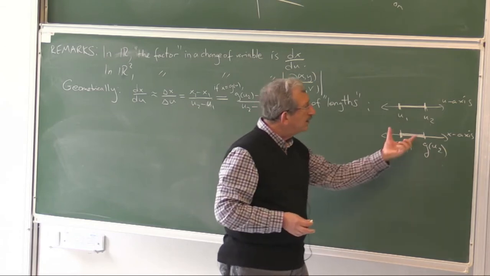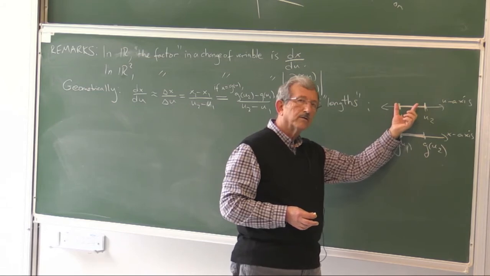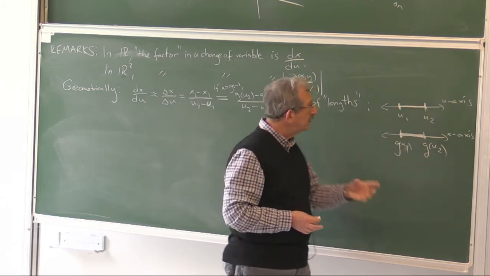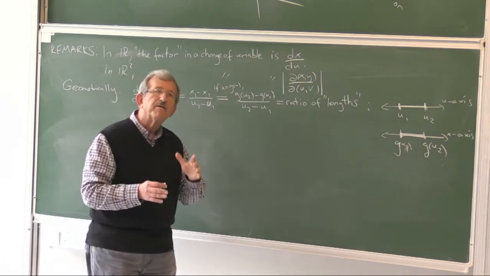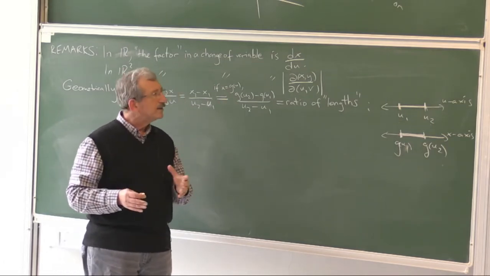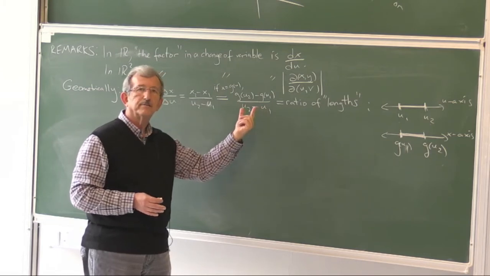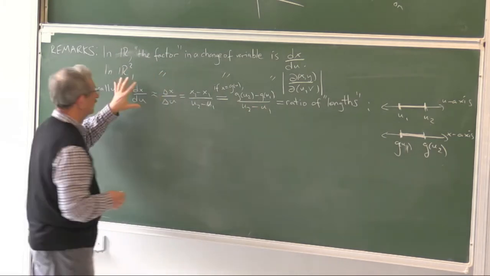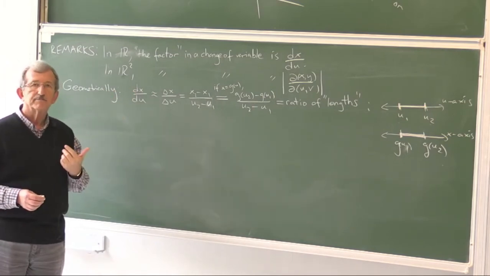So the length shrank to a new thing. So this is the ratio of lengths, but on a differential level. That is, when these two are getting nearer and nearer, only then this factor tells us that it's the ratio of lengths.